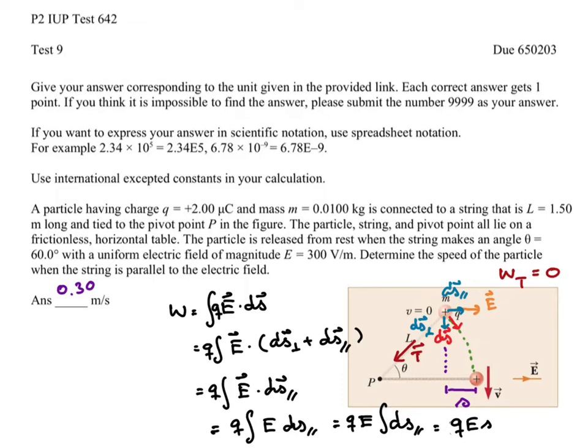So first, how can we calculate the work done by the electric force? The electric force, of course, is equal to QE, right? We place the charged particle with the charge Q in the region with the electric field E. So the electric force is QE, and the electric force will point in the same direction as the electric field.